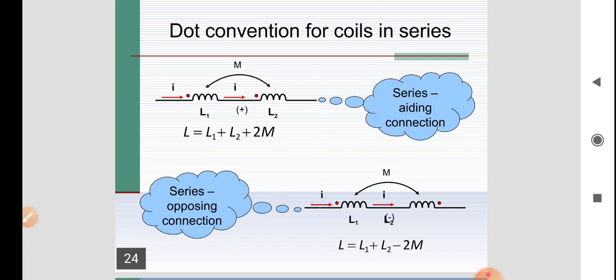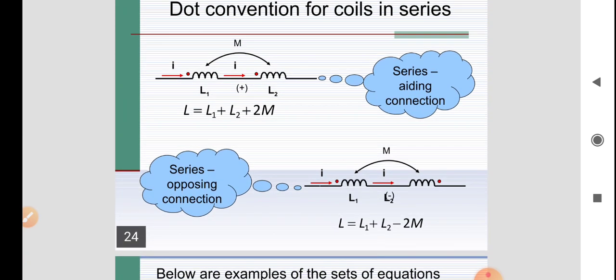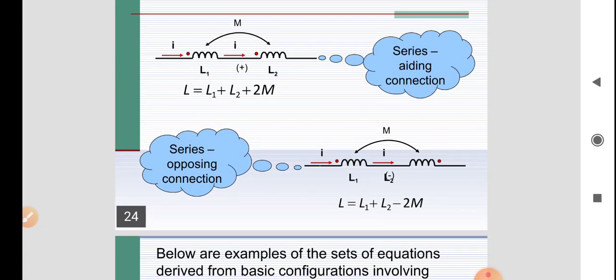If we observe here, the current I is flowing from dot to coil. In the second also, the current is flowing from dot to coil. As both are flowing in the same direction, that is the current I is flowing from dot to coil in both cases, the total inductance is L1 plus L2 plus 2M.